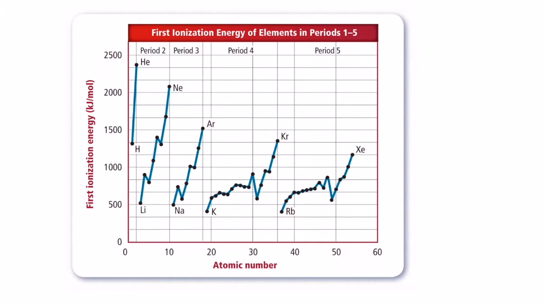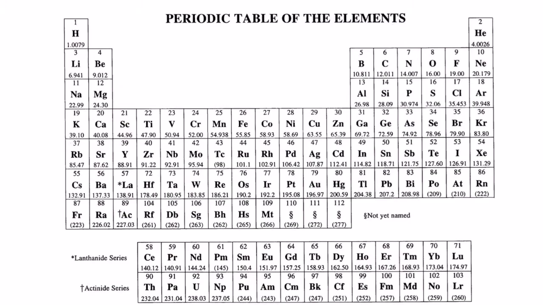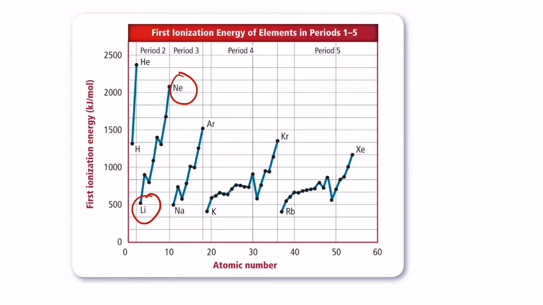We're continuing to talk about periodic properties, and at the beginning of this video, ionization energies. Just a quick review: if we go across a period, let's say from lithium to neon, that's period number 2. Let me show it to you in the periodic table. When we go from lithium to neon, the ionization energy increases.